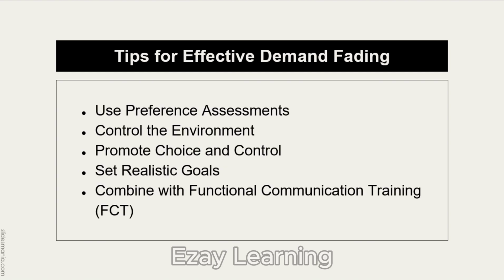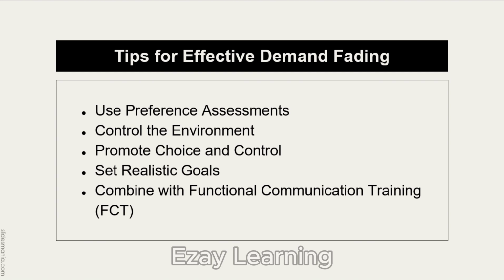Coming towards the tips for effective demand fading. You should use preference assessment in order to identify highly motivating reinforcers to pair with task completion. Focus on controlling the environment. Minimize distractions or competing stimuli during task engagement. Promote choice and control.